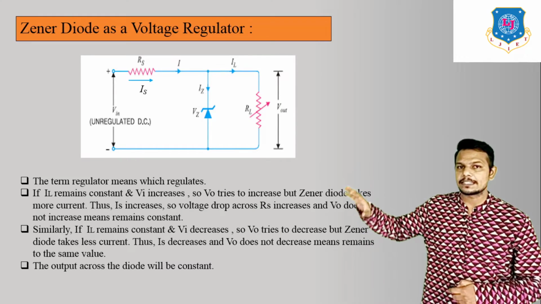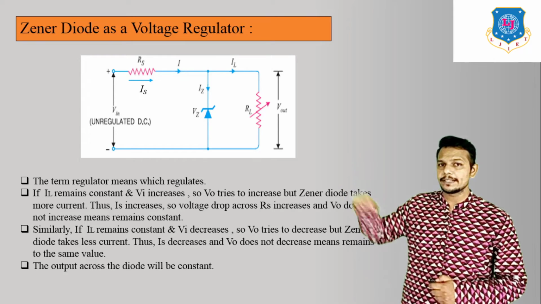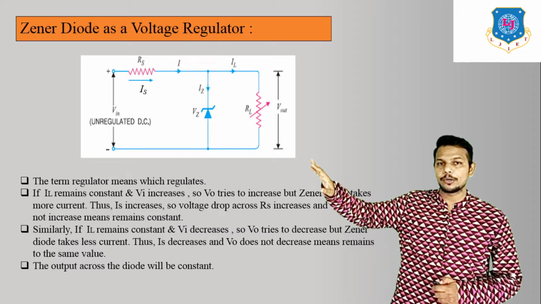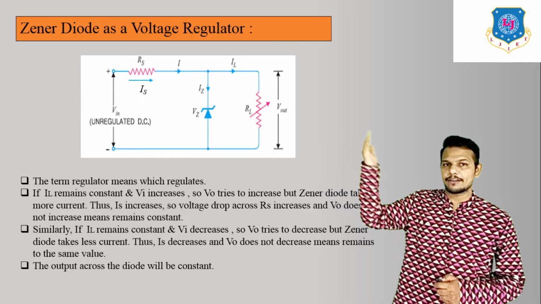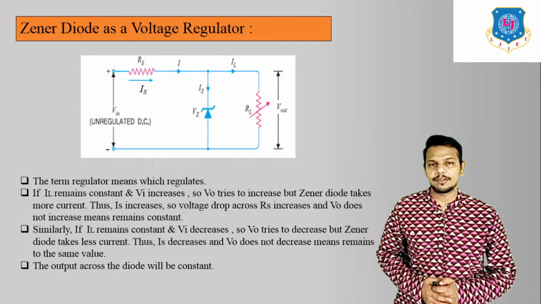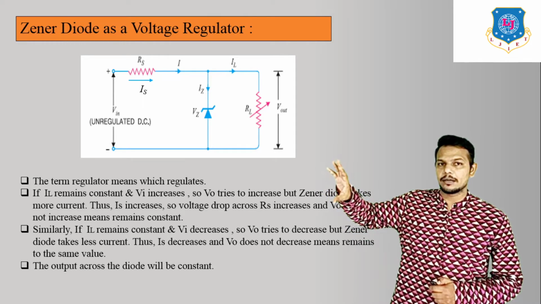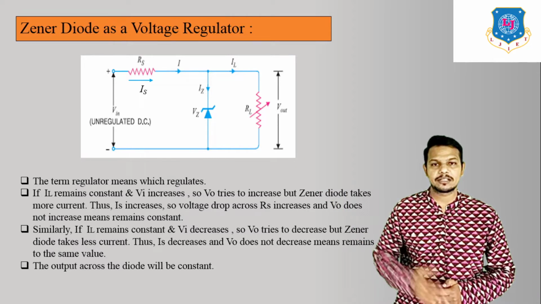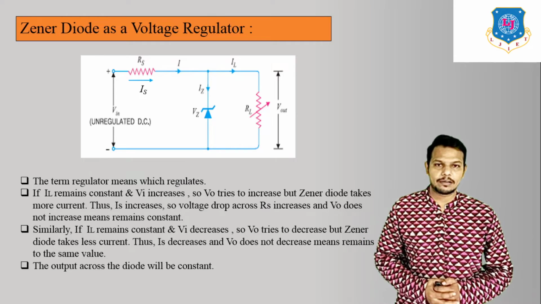Here we can see the circuit diagram of the voltage regulator. In this circuit diagram, Vin indicates the input voltage. We enter unregulated DC at this side. Then at the output, we get the output voltage across the load resistor RL, and parallel to RL is connected the Zener diode, across which we get the Zener voltage.